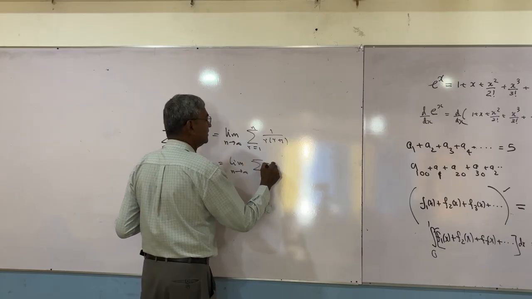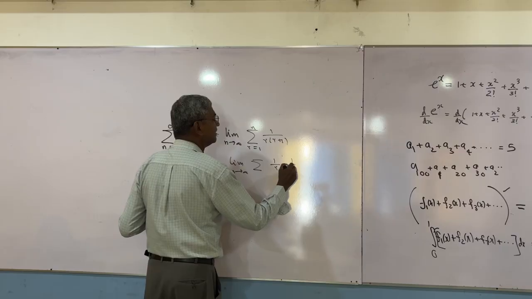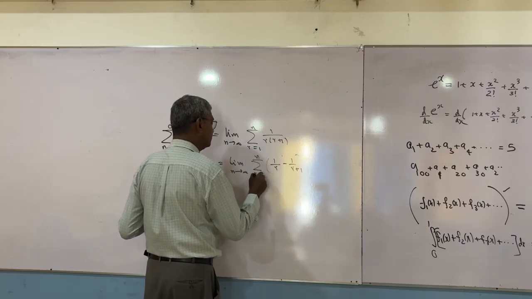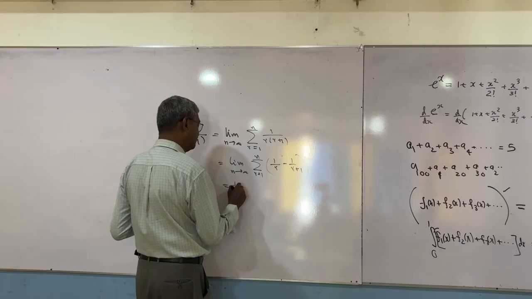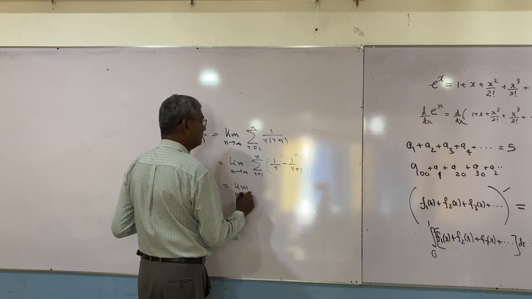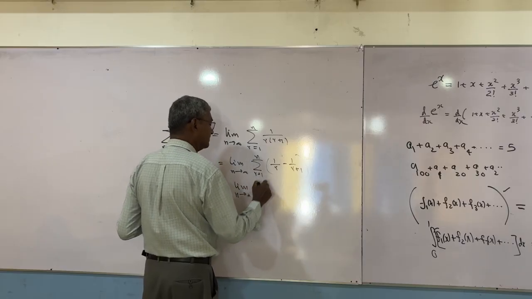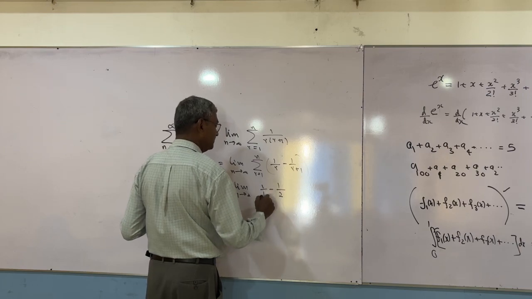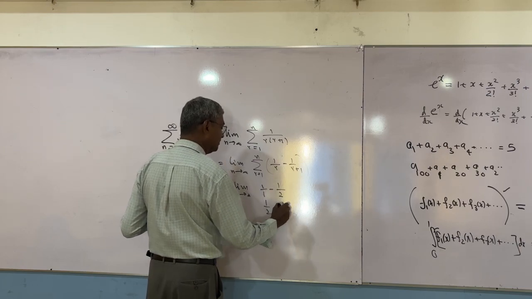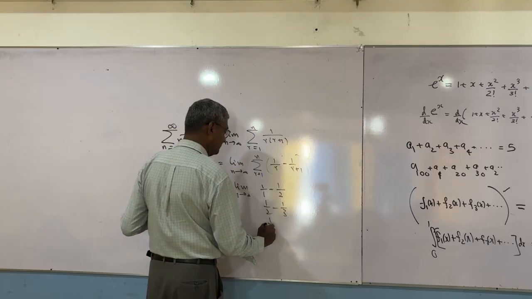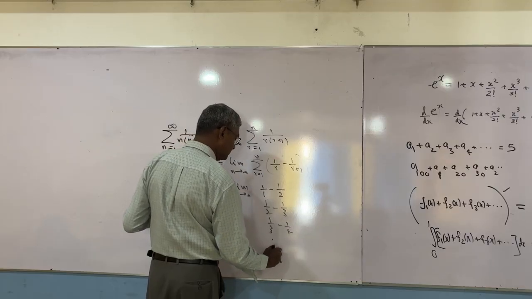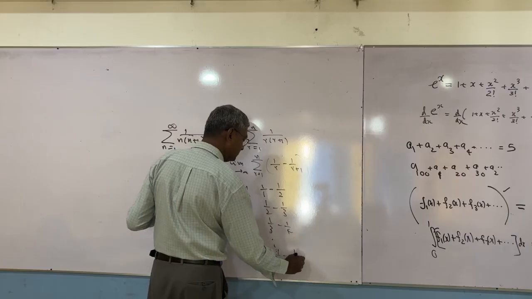You write sigma 1 over r minus 1 over r plus 1, r going from 1 to n, and take the limit as n tends to infinity. When you put r equals 1, you get 1 over 1 minus 1 over 2, then 1 over 2 minus 1 over 3, 1 over 3 minus 1 over 4, and bingo, 1 over n minus 1 over n plus 1.